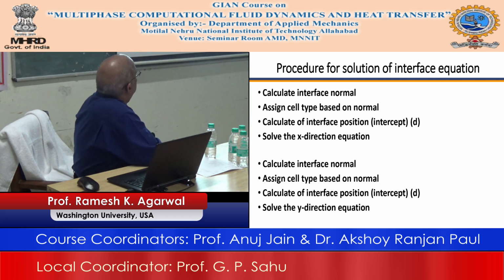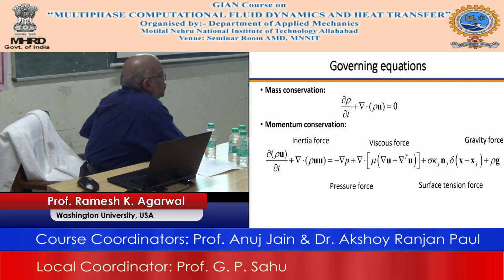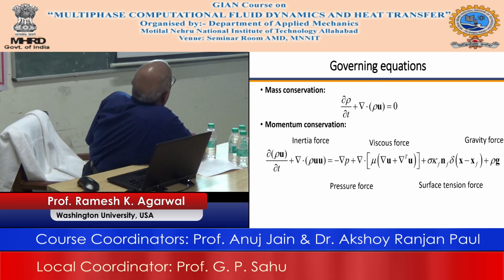Okay. So now, as I said, suppose you have figured out and got this information from that interface, then you go back to calculate your velocity field. Now you see it becomes whether it's a one-way problem or a two-way problem, and that will be very interesting. Let us say it is a one-way problem.